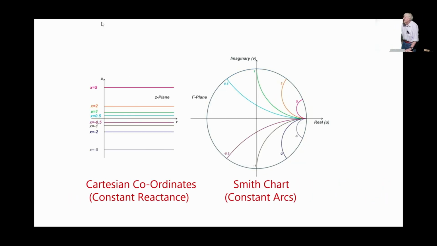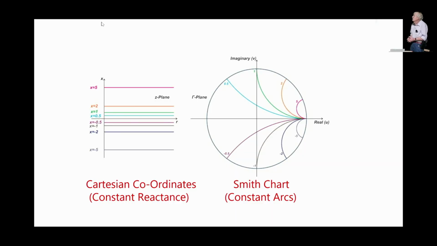We then go to inductance, and you can see the Cartesian version there on the left, where the reactance is shown at 90 degrees to the prior graph, which is exactly what we have, and then what the Smith chart looks like. So they're constant arcs. Anywhere along those arcs, the reactance is constant. We nearly lost things there.